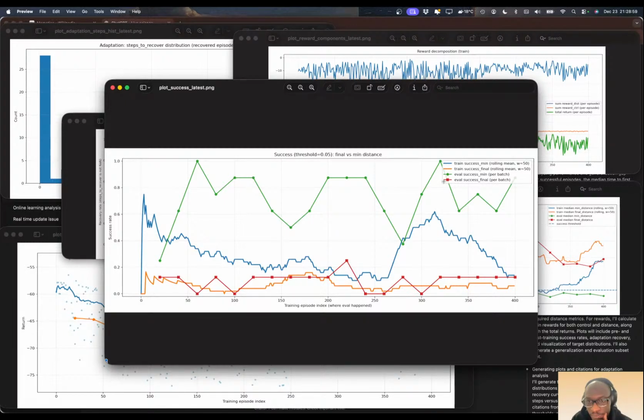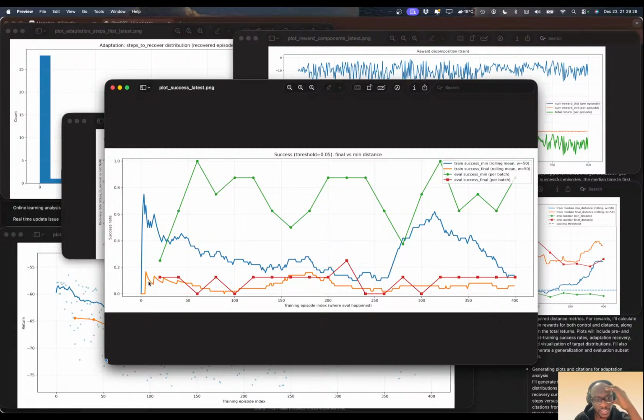So the red one is how the system generally did after the entire run. Then training success mean, and this is a window of 50. The training is the blue one. So we run the training, and then measure using training success final.